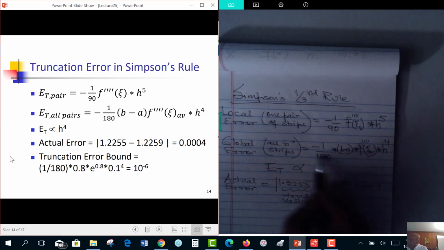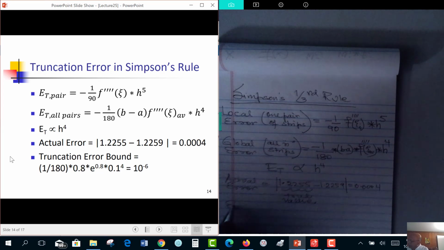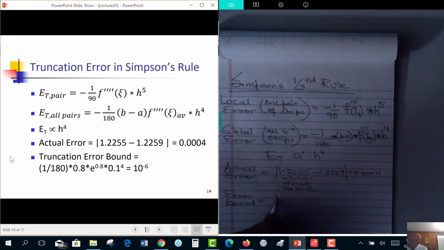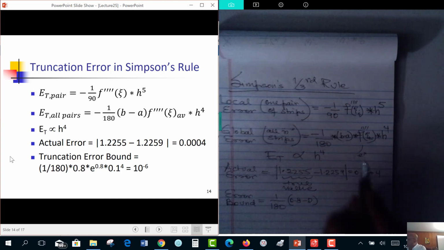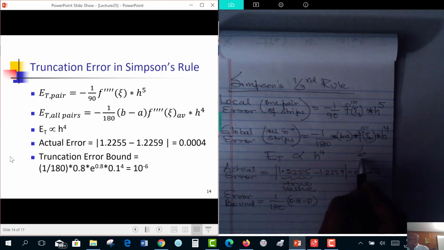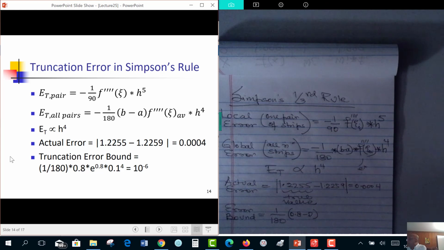Let's calculate our error bound using this formula. So 1 over 180 b minus a fourth derivative. Remember, if our function is e to the power x, all the derivatives are e to the power x, and they are maximum at maximum x value.